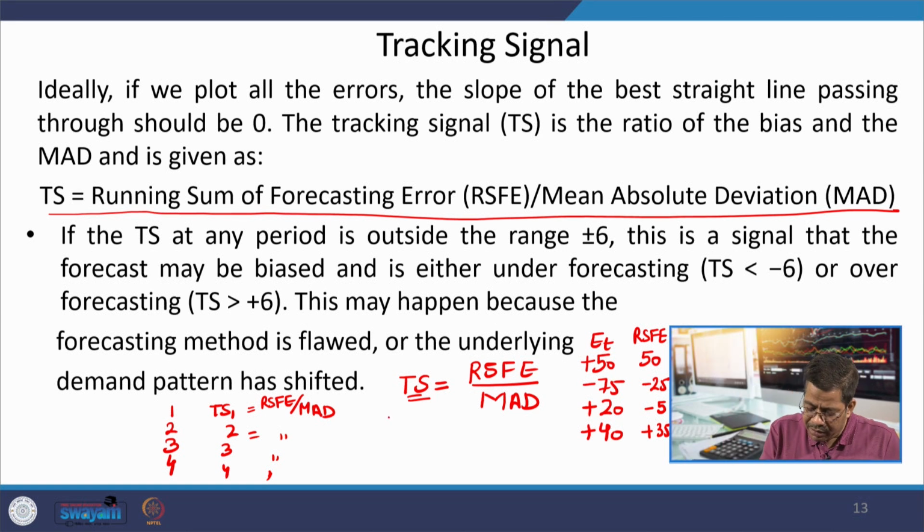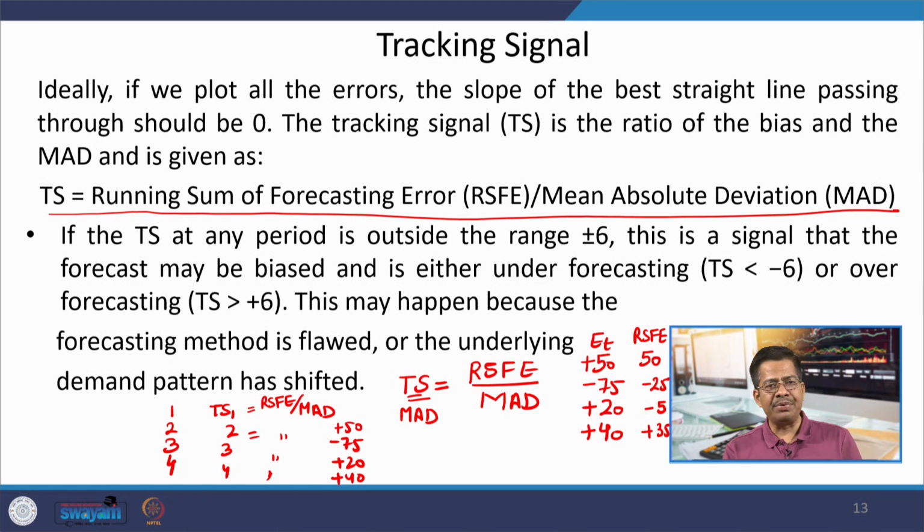Similarly, for MAD calculations, for the same data: plus 50, minus 75, plus 20, plus 40. First, we need absolute errors, and I am writing them like this: 50, 75, 20 and 40.